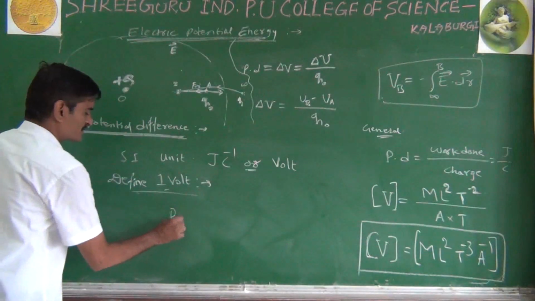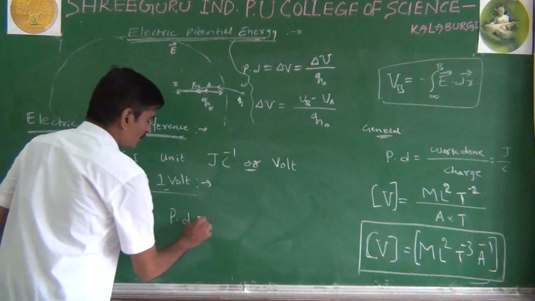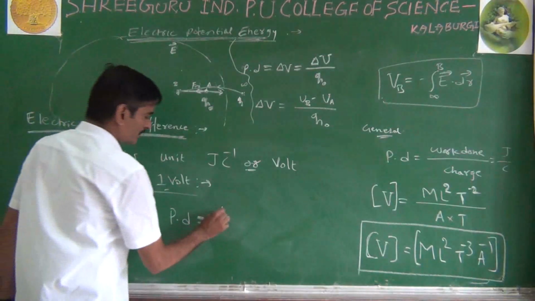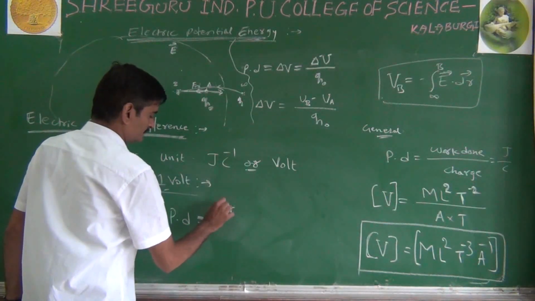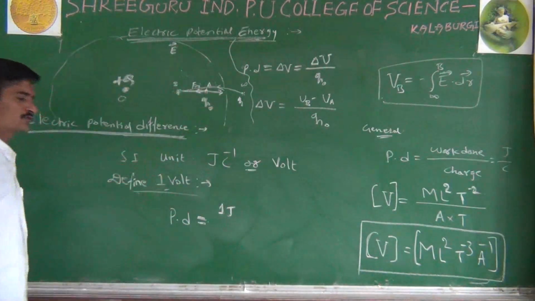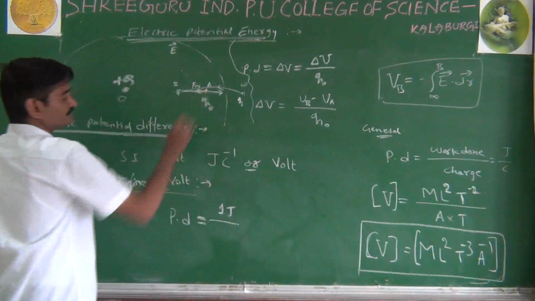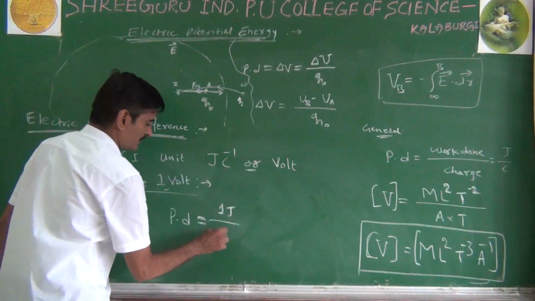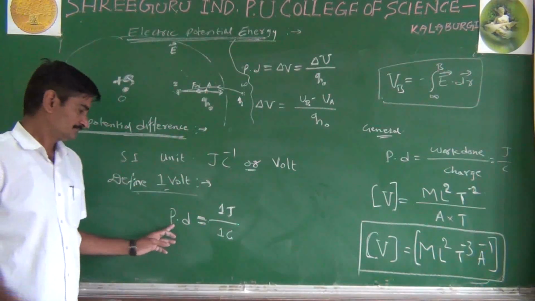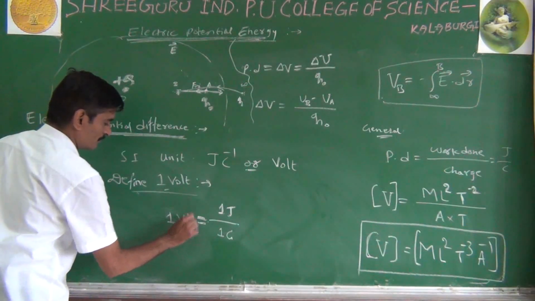The electric potential difference between two points is said to be 1 volt if 1 joule of work is done in moving 1 coulomb of charge from one point to another point. That is 1 volt.